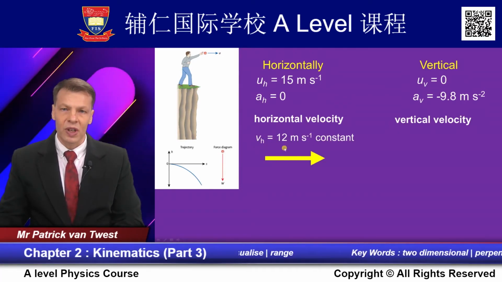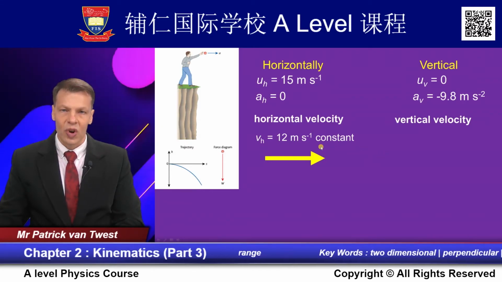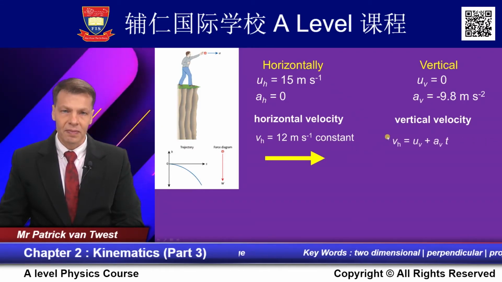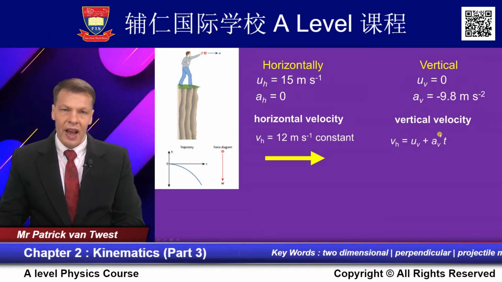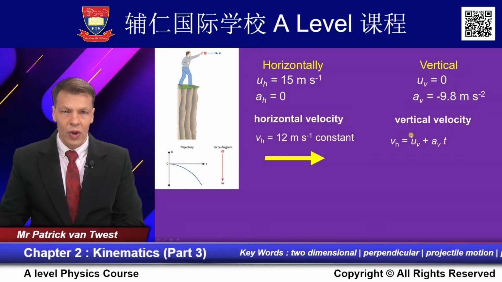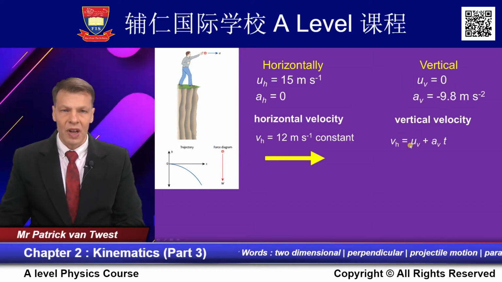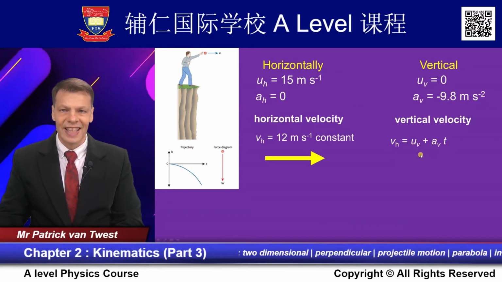So horizontally, the velocity is just constant, so I could draw that, try to visualize it, 12 meters per second, constant. Now vertically, what would the velocity be when it hits the ground? You can see that it's changing, yeah? The vertical velocity is changing with time according to this equation. Do you remember v equals u plus at?